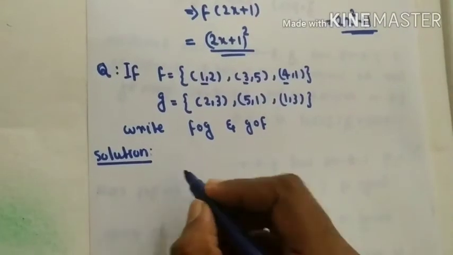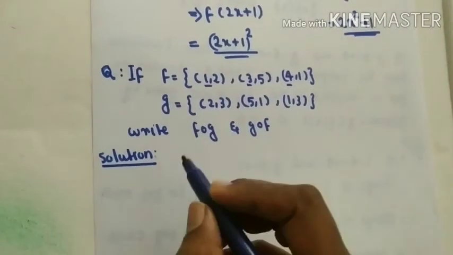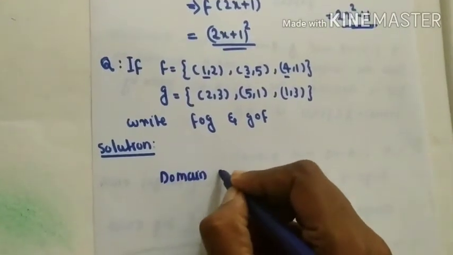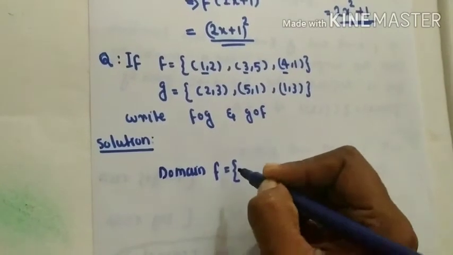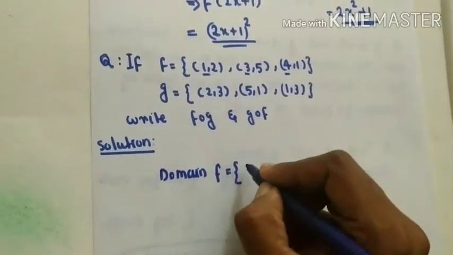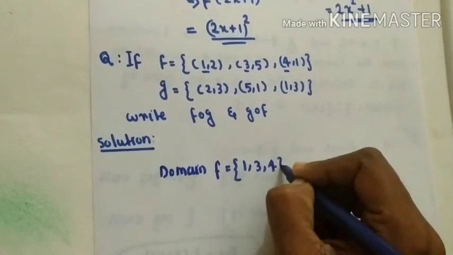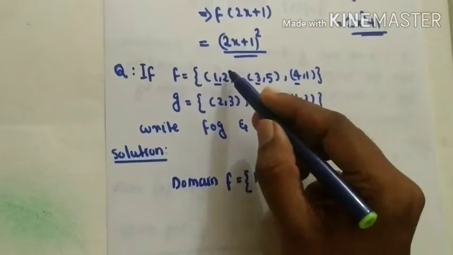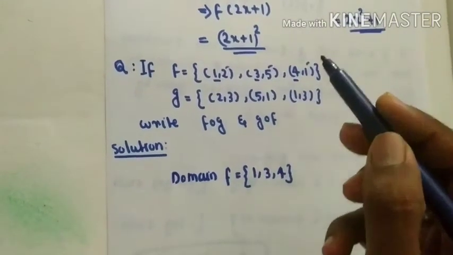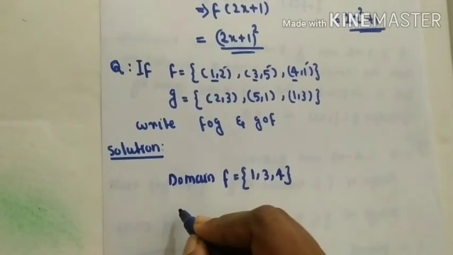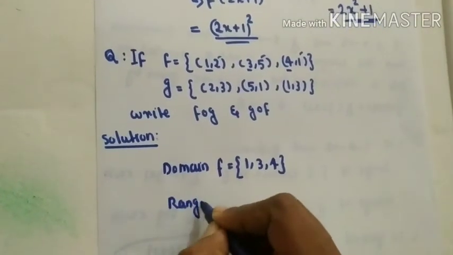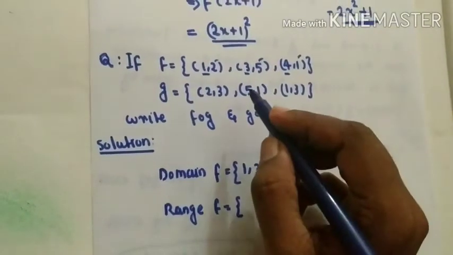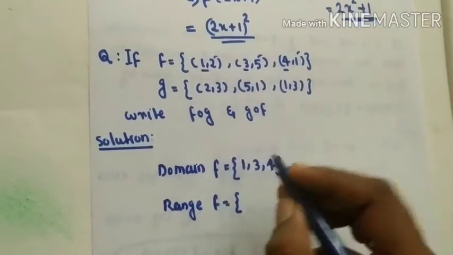So here, the domain of function f is a set containing 1, 3, 4. And the range of function f are the second coordinates. So the range of f is equal to the set containing the elements 2, 5, 1.